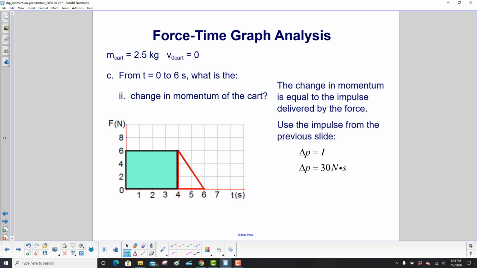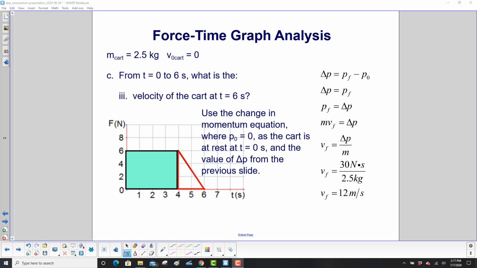And once more, what's the change in momentum of the cart? Well, it's equal to the impulse delivered by the force. So hopefully after these problems you'll never forget this again. So that will be 30 newton seconds. And finally, find the velocity of the cart at t equals 6 seconds. We will use the change in momentum equation again.